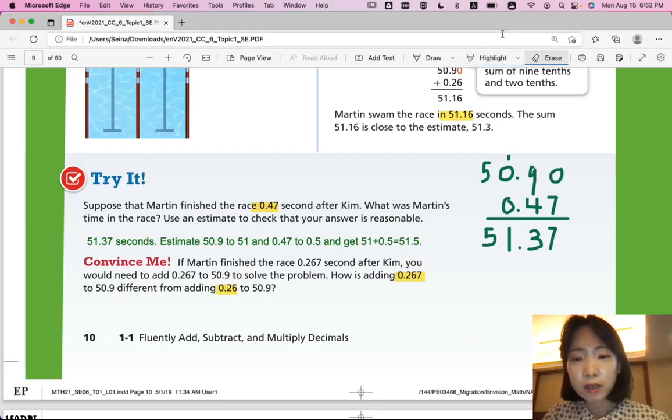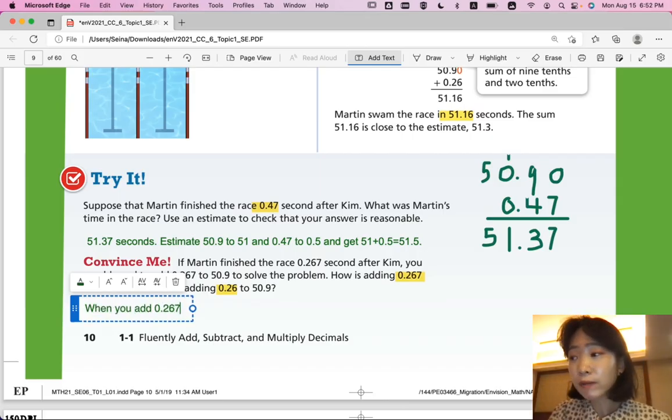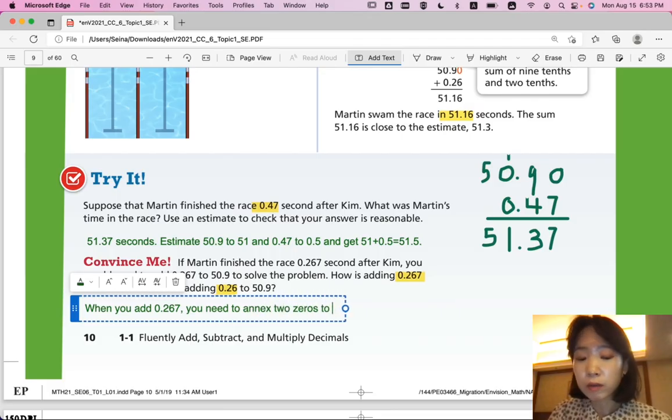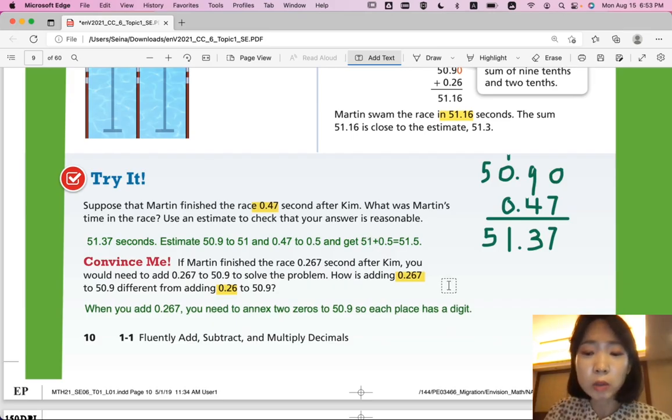No. They are very similar and very close to each other, but they're not the same. So when you add 0.267, you need to annex 2 zeros to 50.9, so each place has a digit. Okay? 267 has more decimal places than 26.